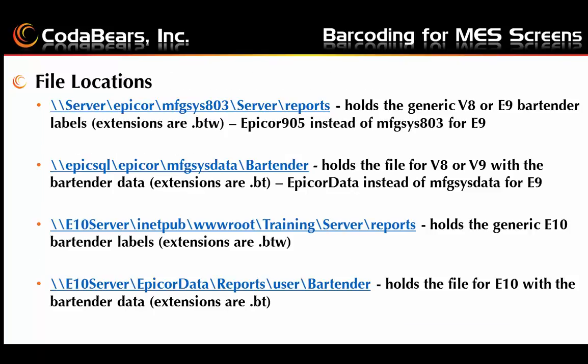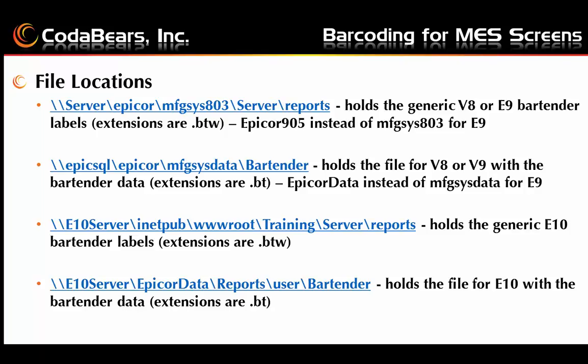File locations. I've just listed some example file locations for Vantage 8 or Epicor 9 and Epicor 10. Your exact file location may be slightly different, but this should give you an idea of where to look for your Bartender labels and your Bartender data.